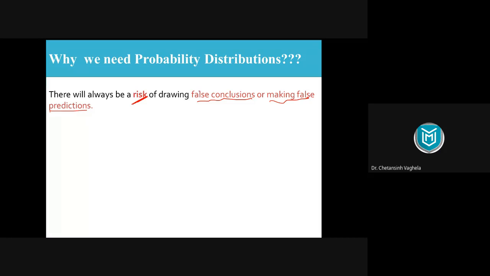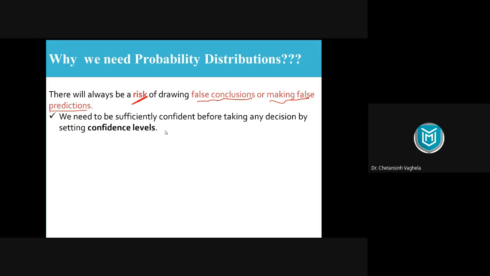So there is always a risk. वो risk को कम करने के लिए we are having some tools. We need to be sufficiently confident before taking any decision by setting the confidence interval. तो वो risk को कम कर सकते हैं using the confidence interval.